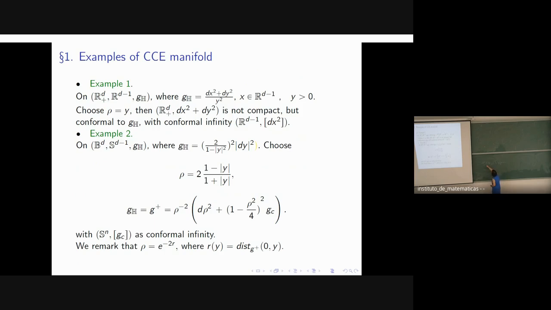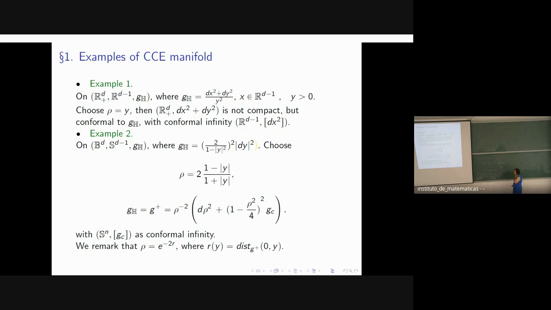So y is a point in B^{n+1}. For this metric, it turns out the geodesic defining function is not that obvious. It's rho equal to 2(1 minus |y|)/(1 plus |y|).